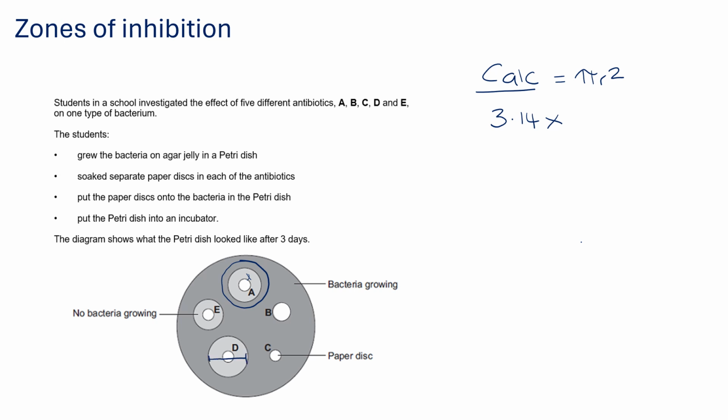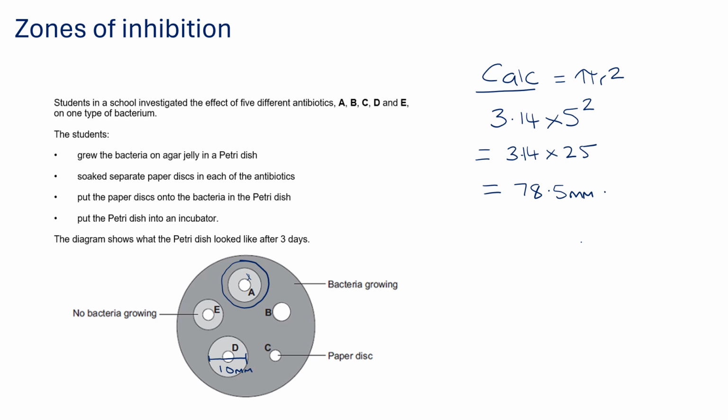So if you look at antibiotic D, if we measured that zone of inhibition, that diameter, and it was 10 millimeters, we would therefore put in 5, we would divide by 2, and then don't forget our equation is squared. So 3.14 times 25, and therefore our zone of inhibition is 78.5 millimeters.